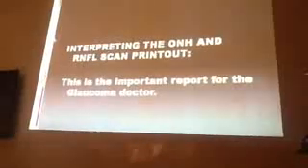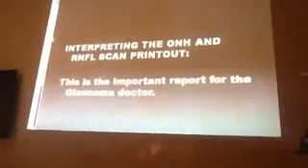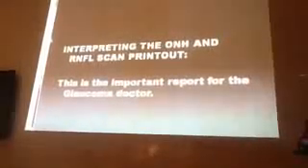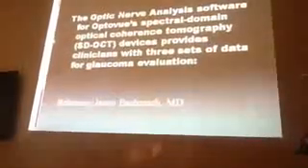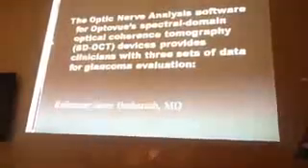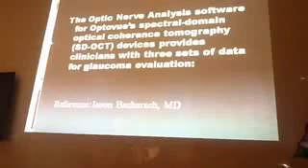Now, let's look at the optic nerve head and retinal nerve fiber layer scan printout. Most times they come together. This is an important report for the glaucoma clinician. The optic nerve analysis software for Optoview Spectral Domain OCT provides clinicians with 3 sets of data for glaucoma evaluation.